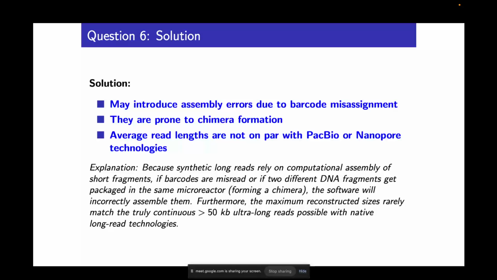If the barcodes are misread, or if two different DNA fragments get packaged in the same microreactor, then it forms a chimera. The software will incorrectly assemble them, so barcode mismanagement and chimera formation definitely can happen. And also, since you're reconstructing, these are not original long reads you have sequenced. You have sequenced shorter reads and you're trying to reconstruct a longer read. Ultra long reads are not possible. Reads greater than 50 kb are not possible, which is possible in PacBio or Nanopore, actual long read technologies. So B, C, D are the answers.